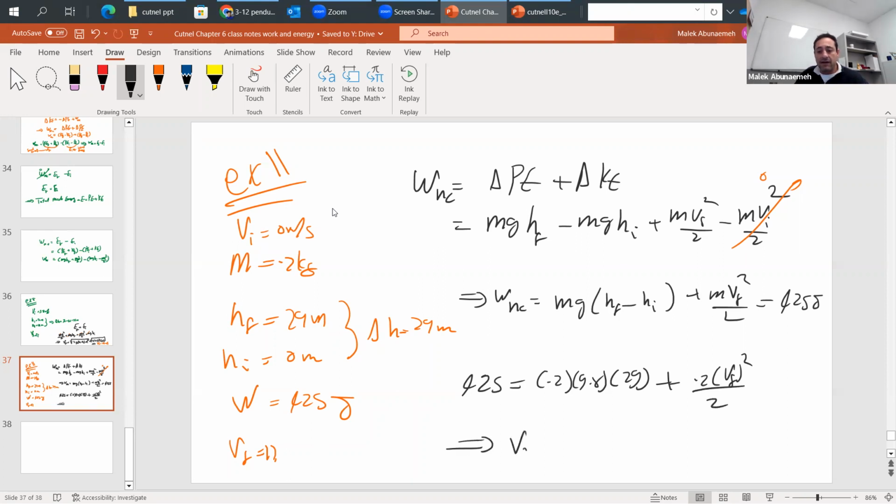Solving for the final velocity squared, it'll be 425 minus 56.84 times 2 divided by 0.2.